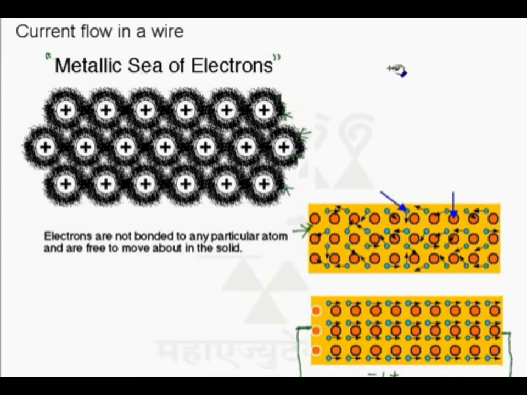We know that an electrical cell or a voltage source has got two plates. One plate of the electric source is positively charged because there is a depletion of electrons on that plate, and the other plate of the voltage source is negatively charged because there is an excess of electrons on that plate.